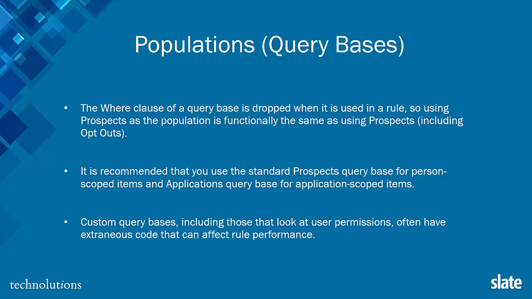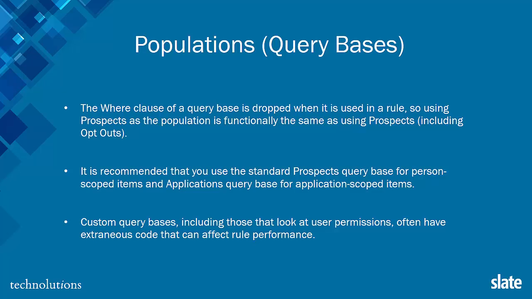We recommend, as a Slate best practice when you're building your rules, to always use the prospects query base when it comes to person scoped items, and to always use the applications query base when it comes to application scoped items. You want to stay away from the applicants and prospects query base. You do not want to use those for your rules. You also don't want to use any custom query bases.